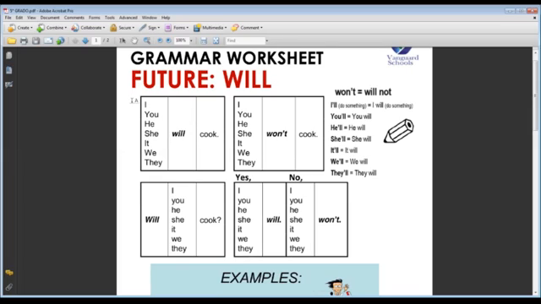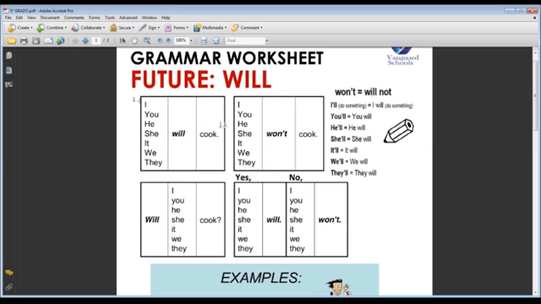Let's start with the first one. We have affirmative sentences using will. For affirmative sentences, you need the pronoun, you need the future will, and you need the verb, okay?